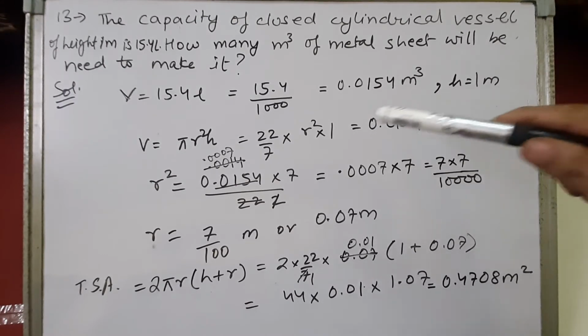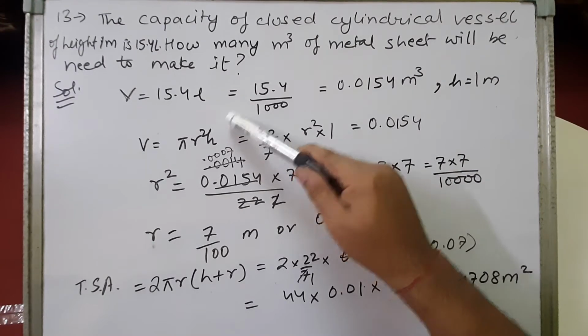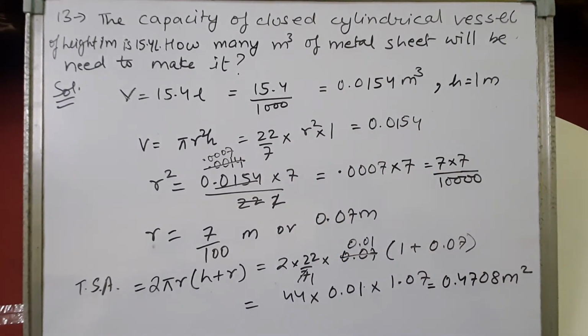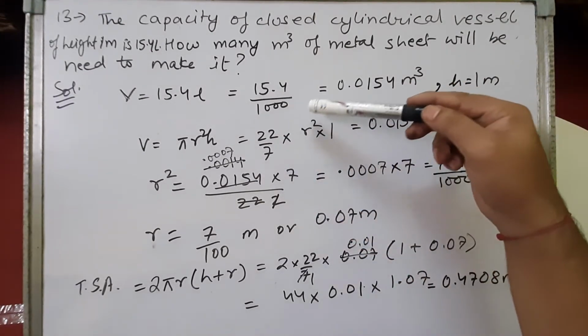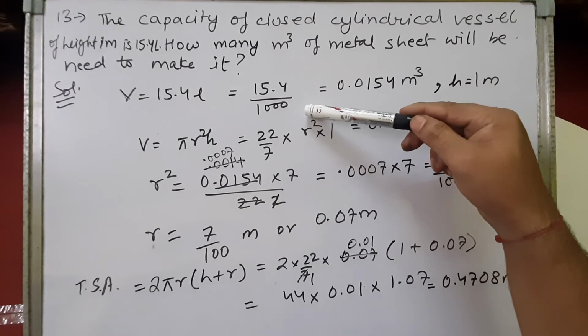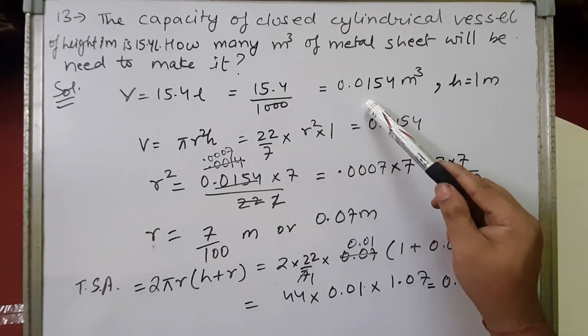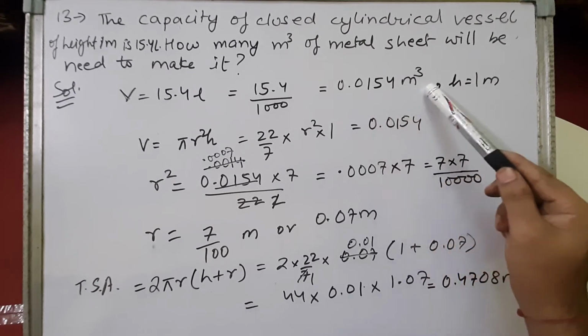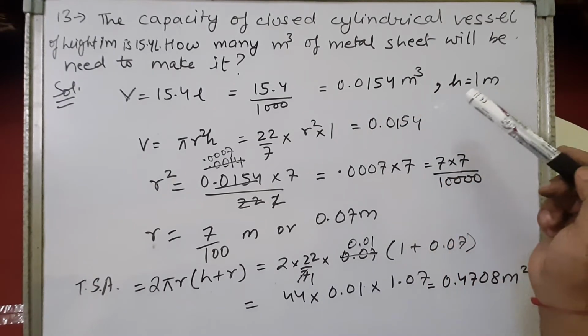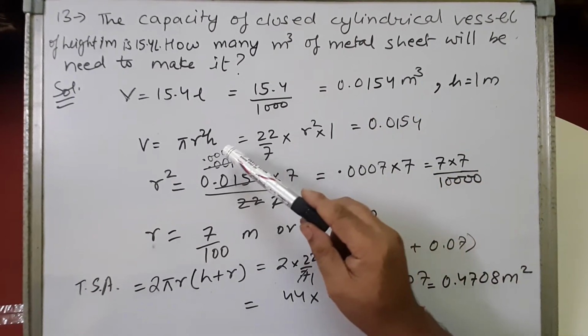Now the volume is given as 15.4 liters. We know that 1 meter cube equals 1000 liters. So 1 liter will be 1 upon 1000 meter cube. So if we are converting the volume into meter cube, we divide the quantity in liters by 1000, right? So we get the volume as 0.0154 meter cube. Height is given as 1 meter. Volume of a cylinder is pi r square h.